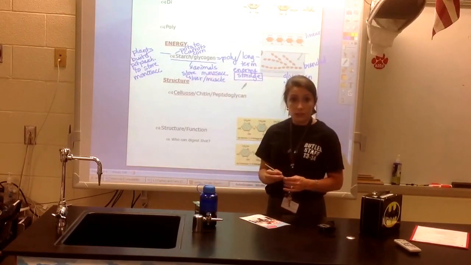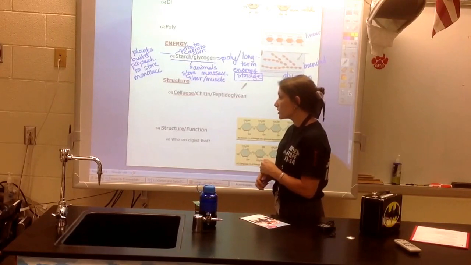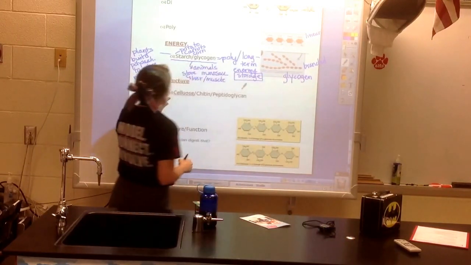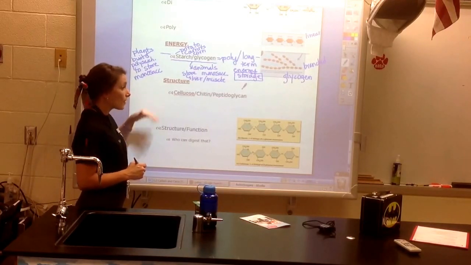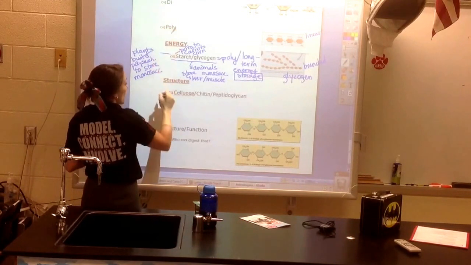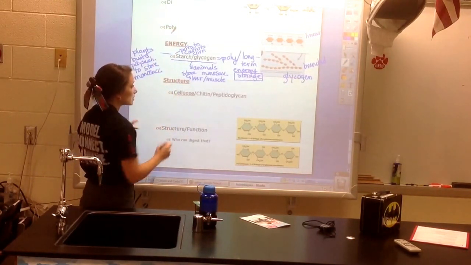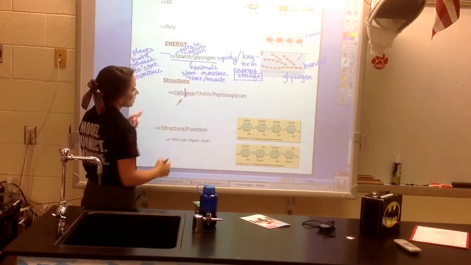Energy is one of the reasons that organisms use carbohydrates. But then we also have the ability of structure. So carbohydrates can provide structure. And so this is again under poly, so these are polysaccharides, one of which is cellulose. I'm sorry, there's a spelling error there.